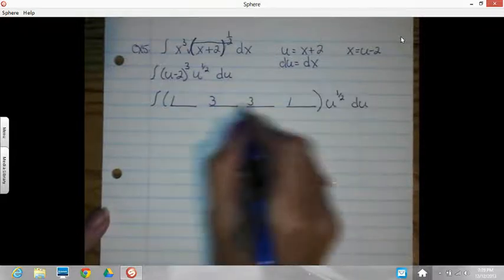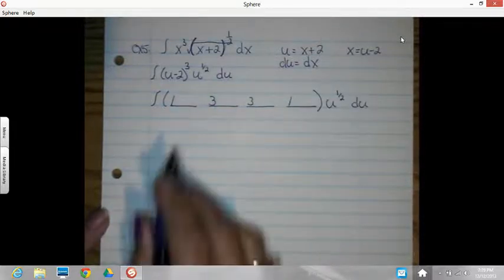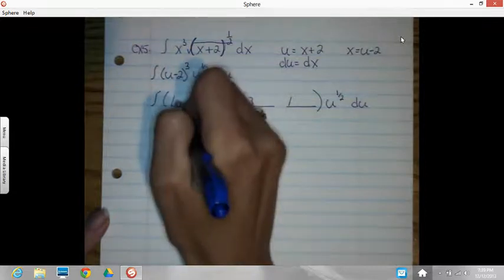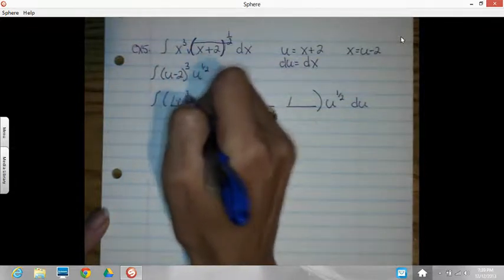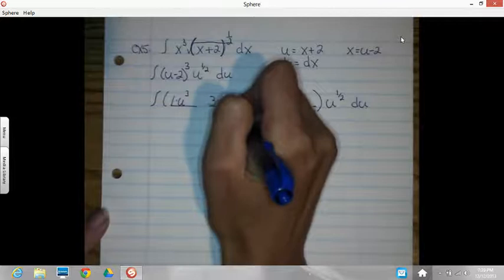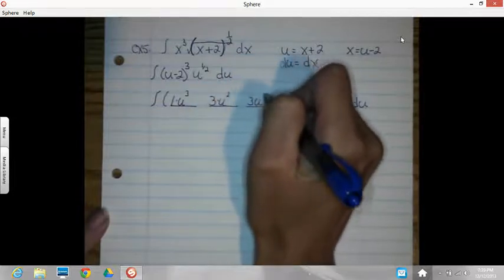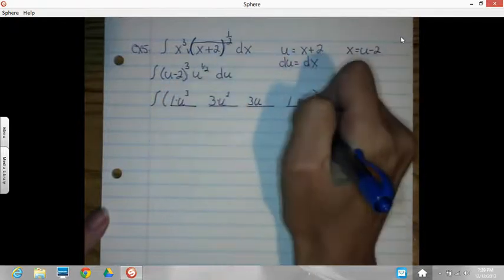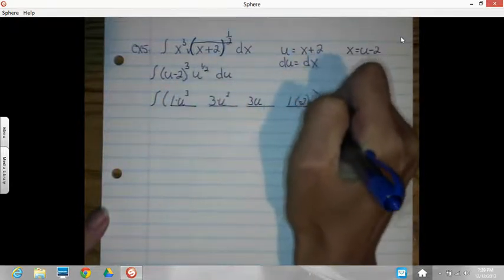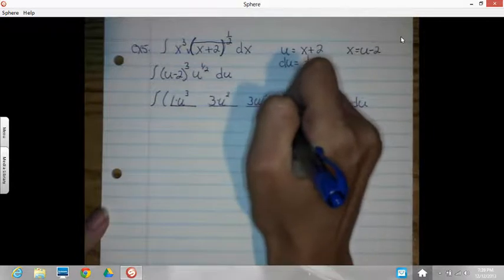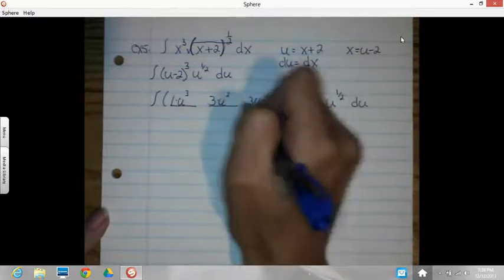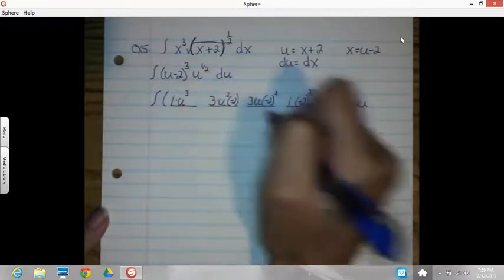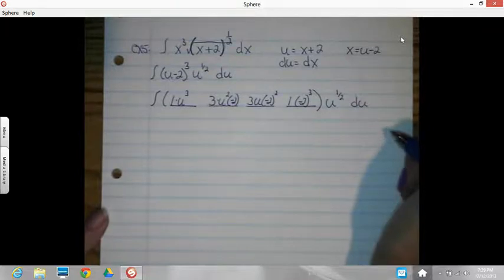Now I come in. u cubed. u squared. u to the first. u to the 0. Now it's a negative 2. Negative 2 cubed. Negative 2 squared. Negative 2 to the first. And that's it. So carry along the integral because we haven't integrated yet.